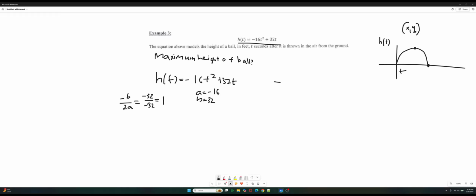So 1 squared, that's just 1, so that's just a negative 16. 32 times 1, which is just 32. So you get 16 is the maximum height that the ball went up to, I guess.